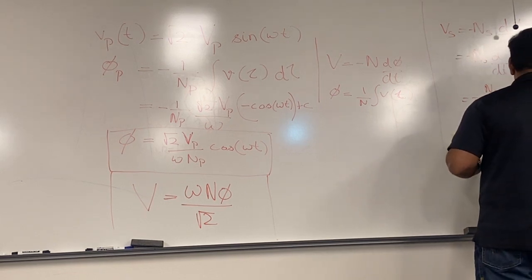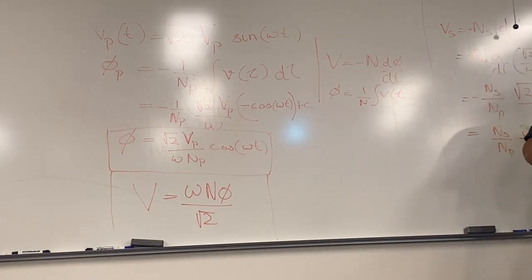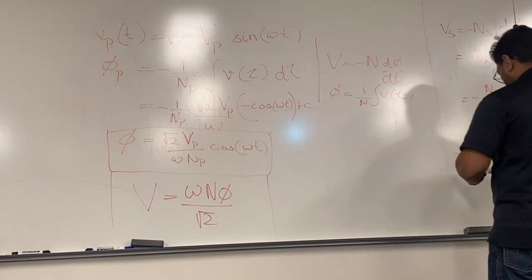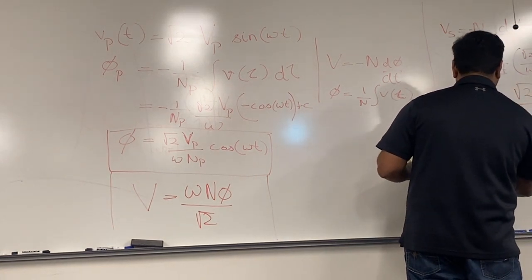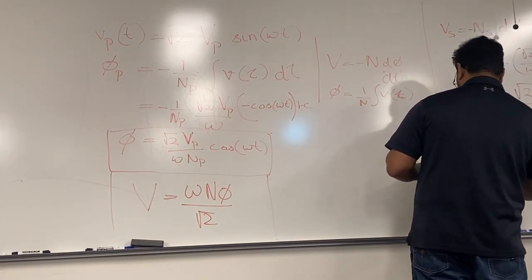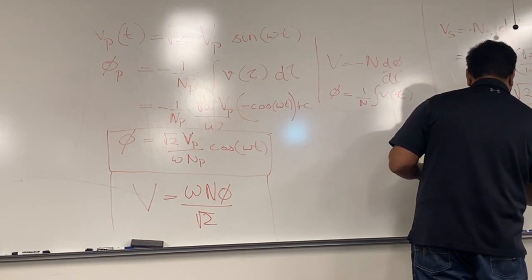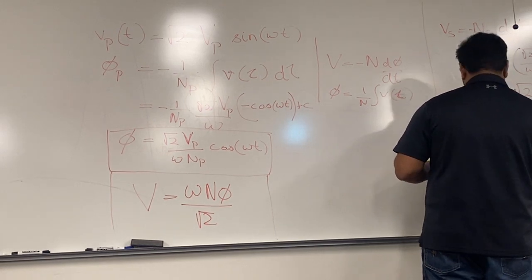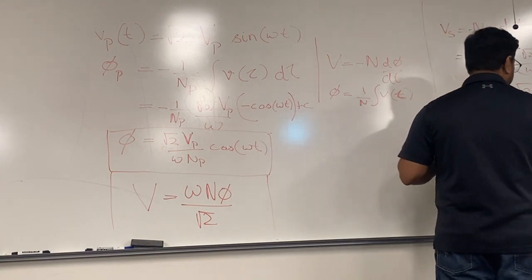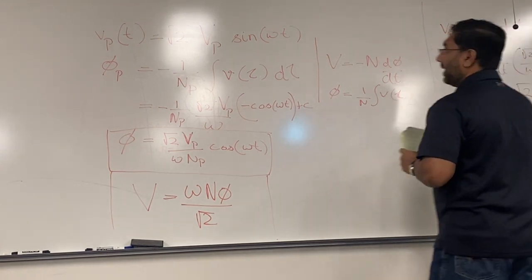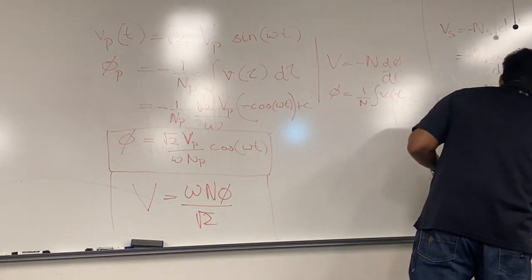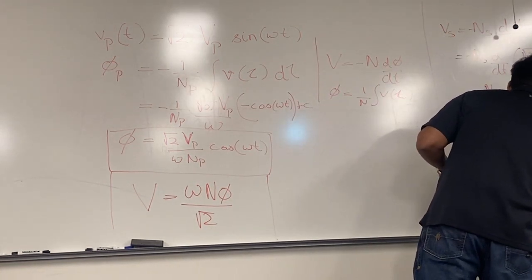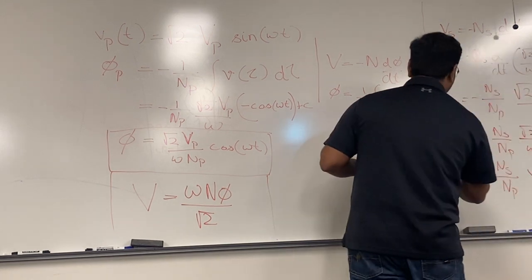This omega cancels. Sine omega t. I can combine this root 2 VP sine omega t as just the instantaneous VP(t). So instantaneous voltage.